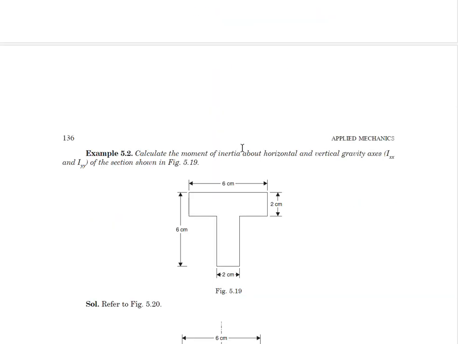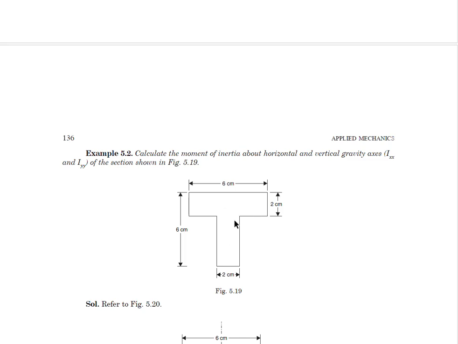There are similar other examples which you can easily solve using the procedure that I discussed and that is given in this book. For example, in 5.2, again you will divide this T-shaped lamina into two rectangles, find the CG of this T section, find the moment of inertia of each rectangle, and note down the distance of the CG of each rectangle from the common CG.